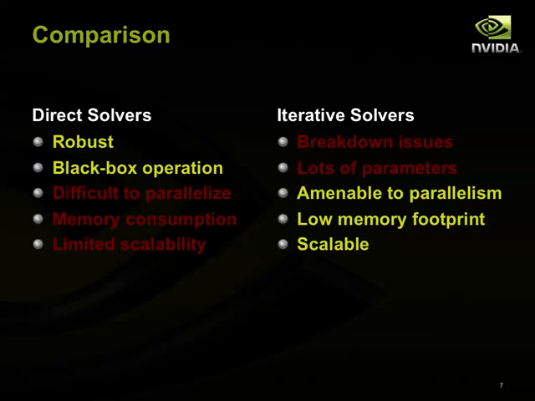In contrast, iterative solvers, they're not as robust. Some of these are very fragile. You have to be pretty sophisticated just to understand what's going wrong. So if you want to just apply iterative methods, you have to have a little bit of awareness of what the technology is doing just to understand how to tweak the knobs and use them. They have a lot of parameters.